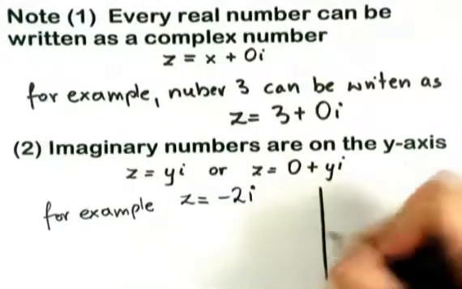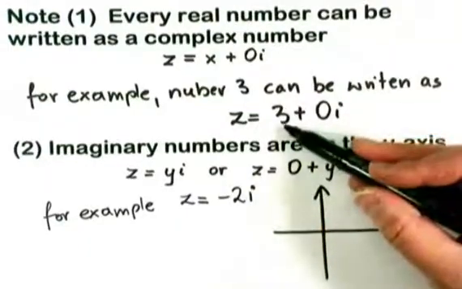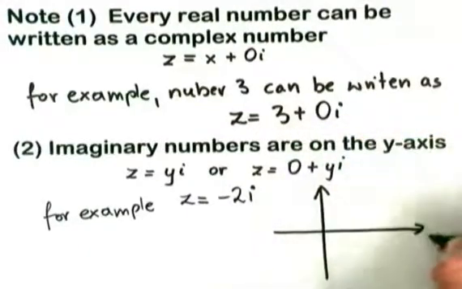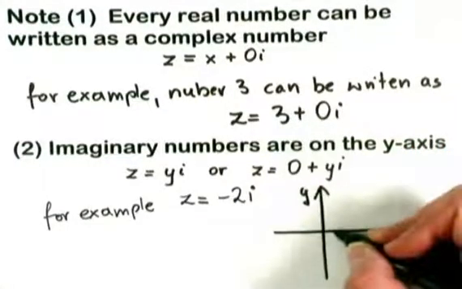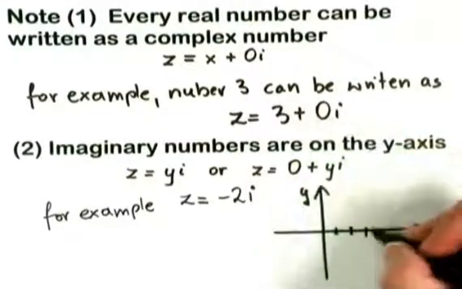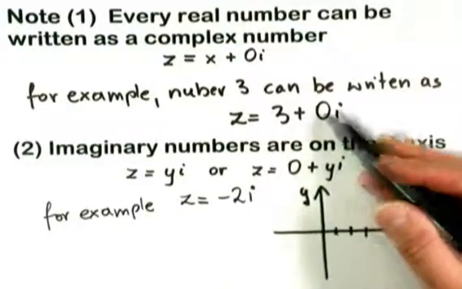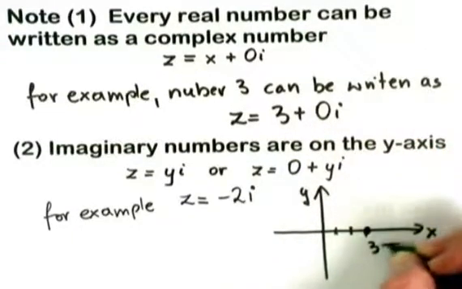So if we plot our coordinate system, we can find this real number. This is the x-axis and this is the y-axis, or imaginary axis. So x is equal to 3, and 0 on the y, so those are the coordinates. This is the point 3 plus 0i.